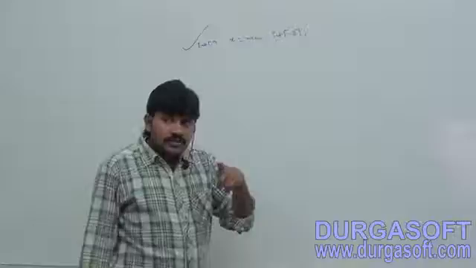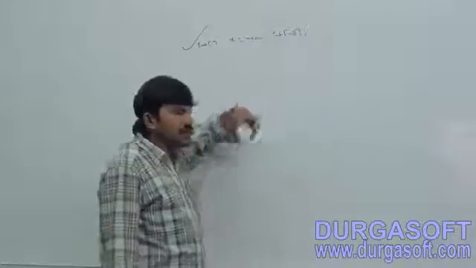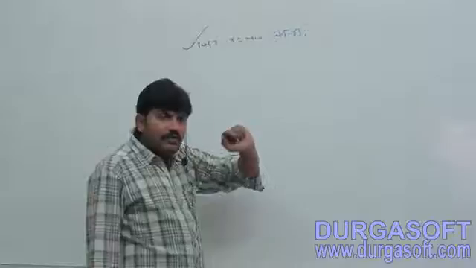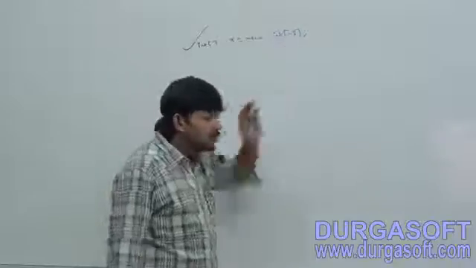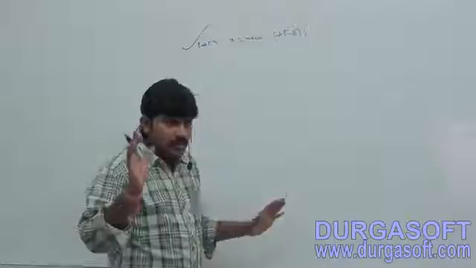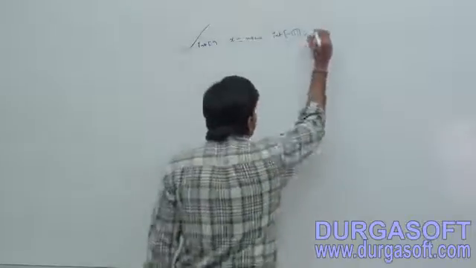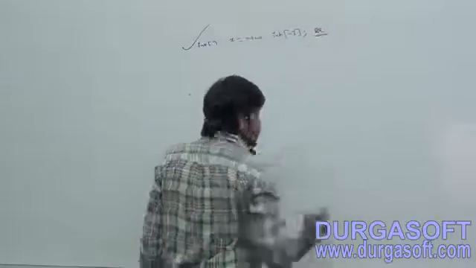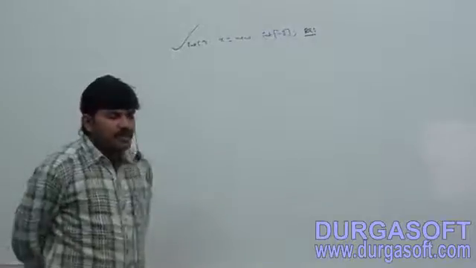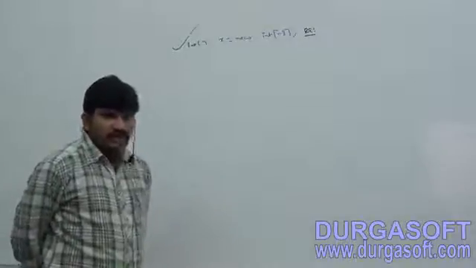At runtime, the JVM reserves the memory based on this size. Whenever the JVM sees this negative size, it immediately raises a runtime exception. So what is that runtime exception? Not a compile time one. What mistake are we making? We are specifying a negative array size.